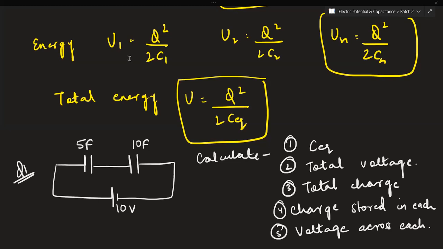Okay, all those who have got the answer of the first part, tell it for the second. In the second one, you don't even have to calculate anything. Hamza, use that formula. 1 by C equivalent is equal to 1 by C1 plus 1 by C2. Fatma's second answer is correct.